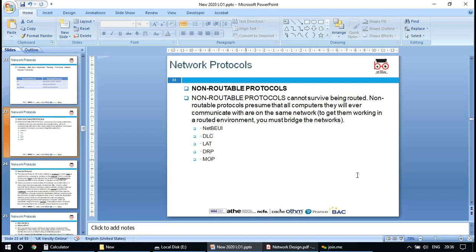The non-routable cannot be routable, but if a routable protocol is working for non-routable purposes, it won't affect anything at all, isn't it? Yes. Okay.